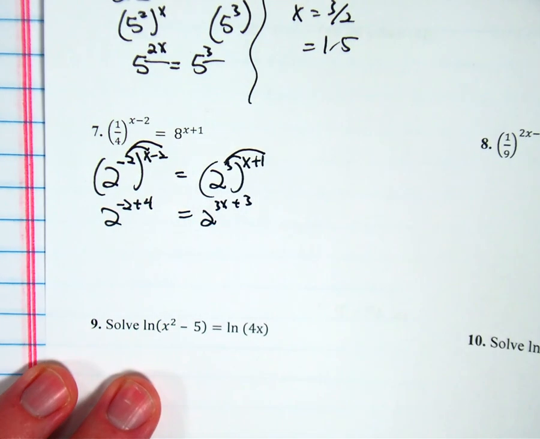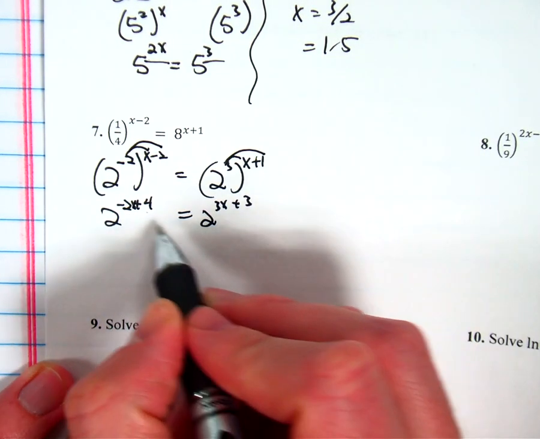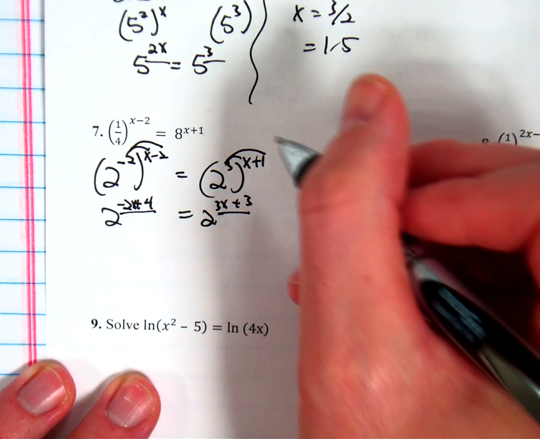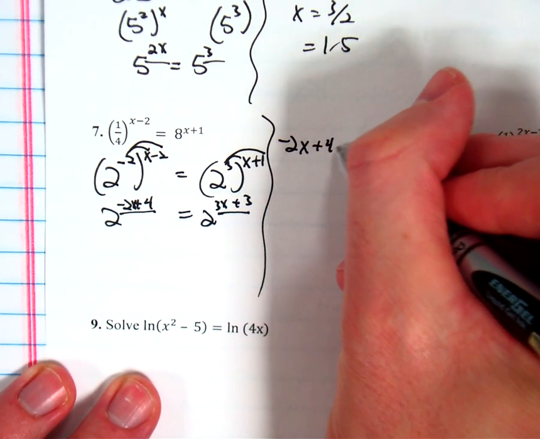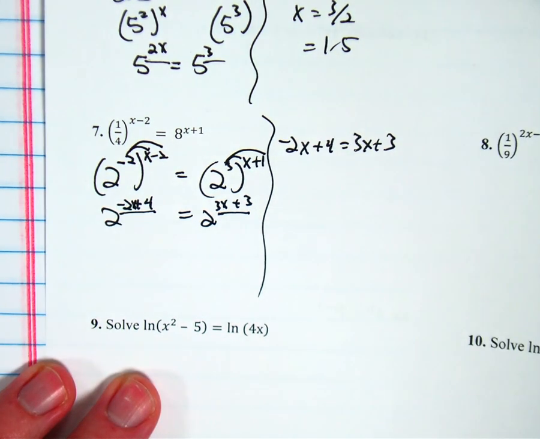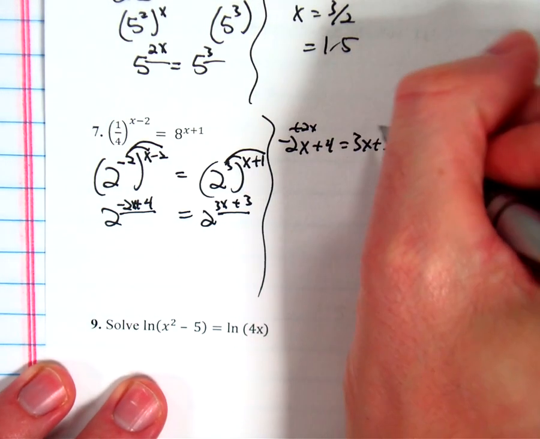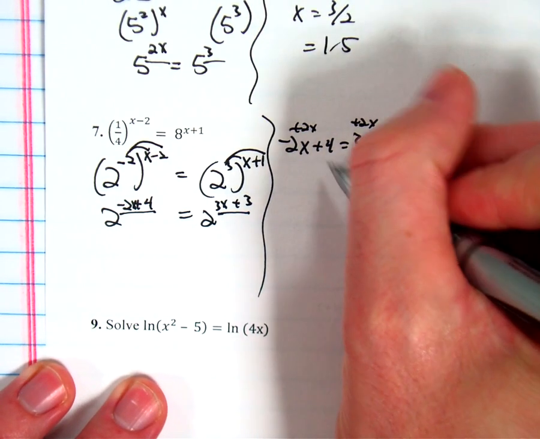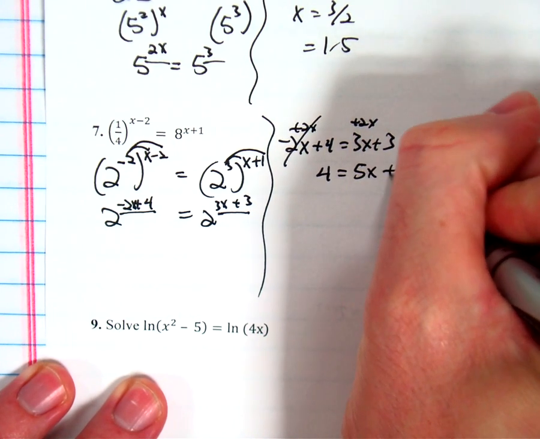2 to a power equals 2 to a power. Oh, I lost my x over here. That's a negative 2x. That one equals that one. We're going to add 2x. 4 equals 5x plus 3.